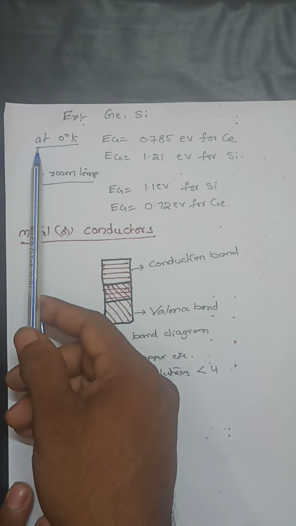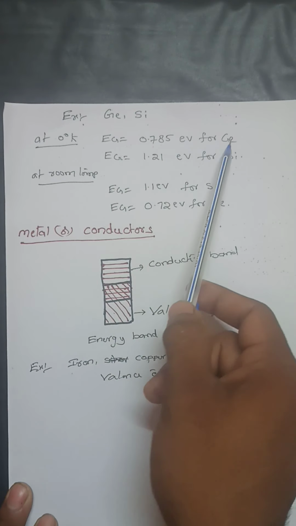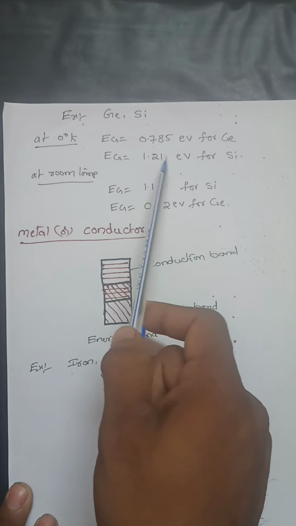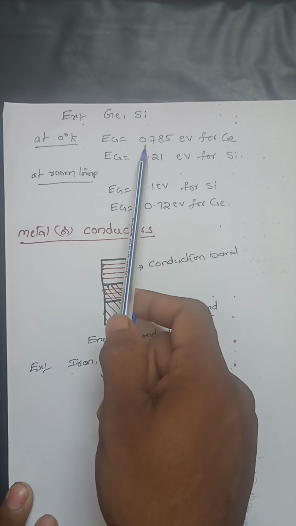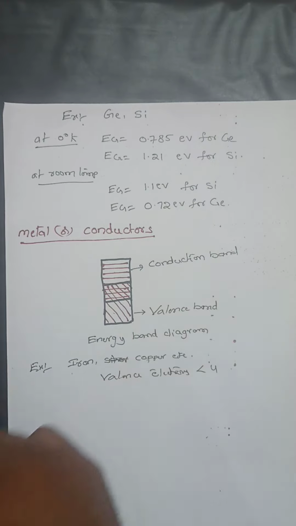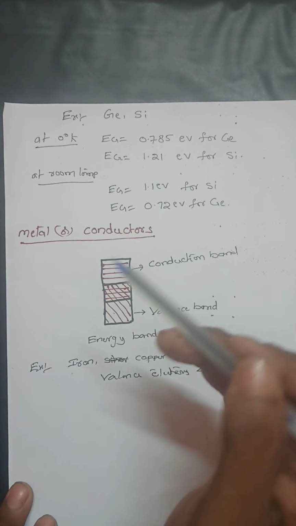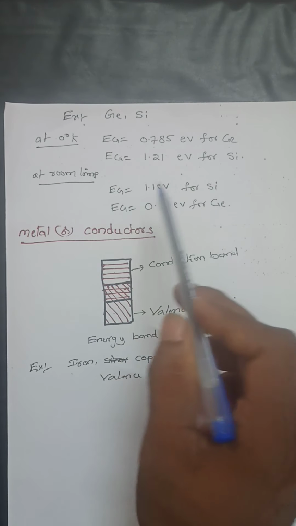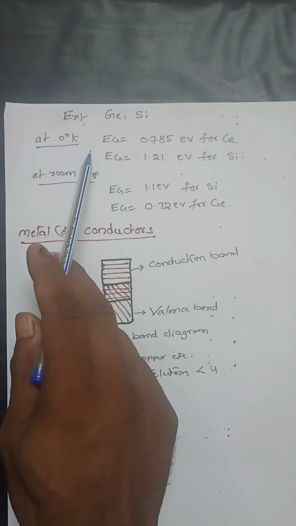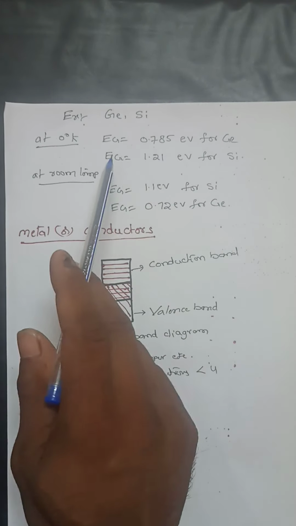At 0 degree Kelvin, Eg is equal to 1.21 electron volts for silicon and 0.785 electron volts for germanium. Note this point: at room temperature, a semiconductor acts as a conductor. At 0 degree Kelvin, a semiconductor acts as an insulator.